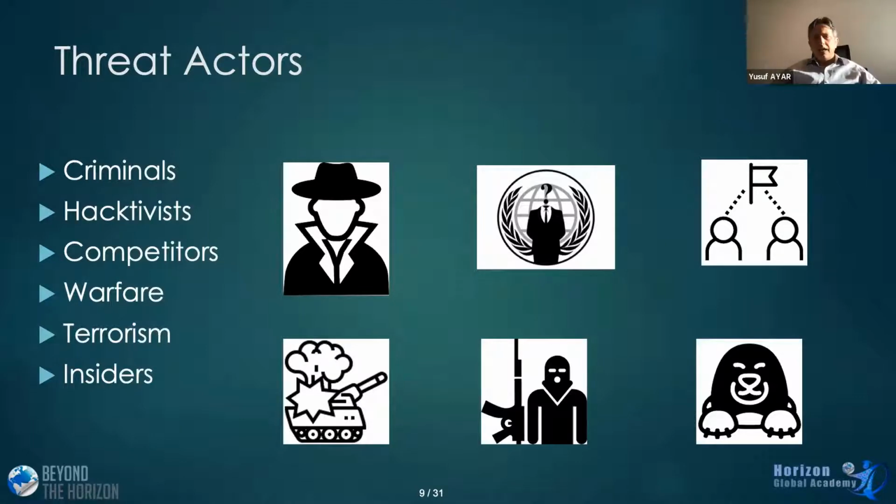Of course, not every actor will threaten your company at the same level, and this is the exact reason why we are focusing on this right now. You as a company don't need to be afraid of warfare or terrorism, maybe, whereas criminals or insiders could be a more realistic threat for you.